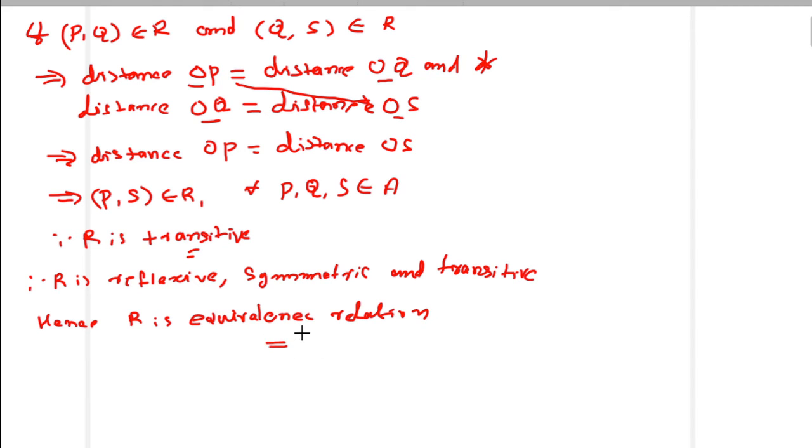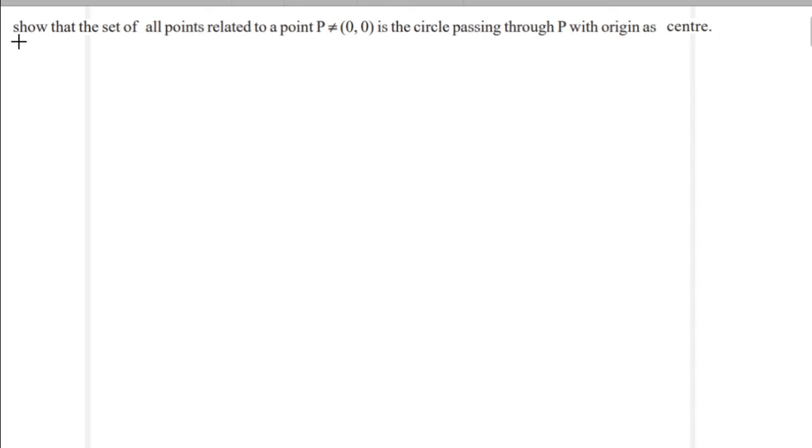Okay. The second part of the question is to show that the set of all points related to point P, where P is not equal to the origin, is the circle passing through P with the origin as a center. So here we can take the set of all points. Set of all points means the set of all points in the plane.